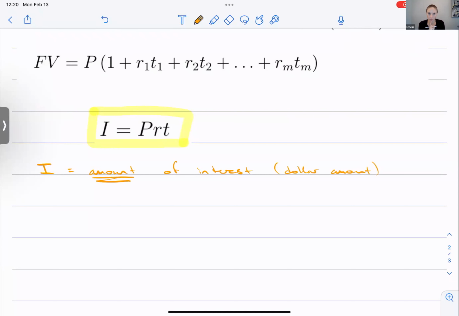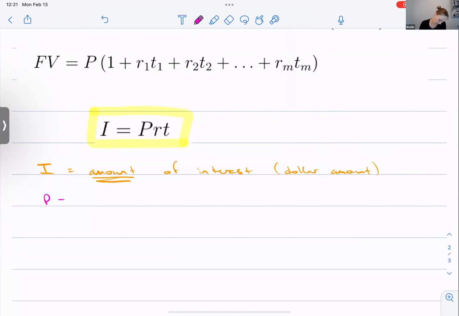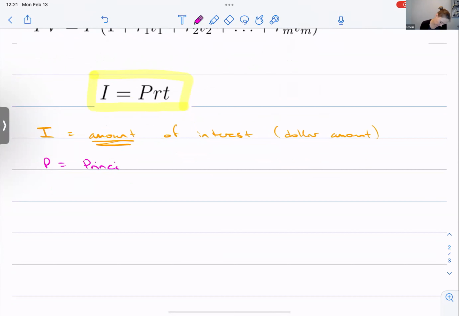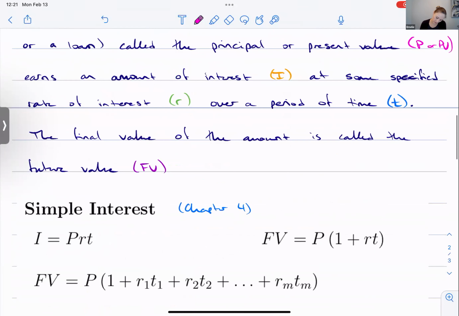P is the principal amount, right, which is also a dollar amount. Right, so that's the initial investment or the loan amount, doesn't matter.